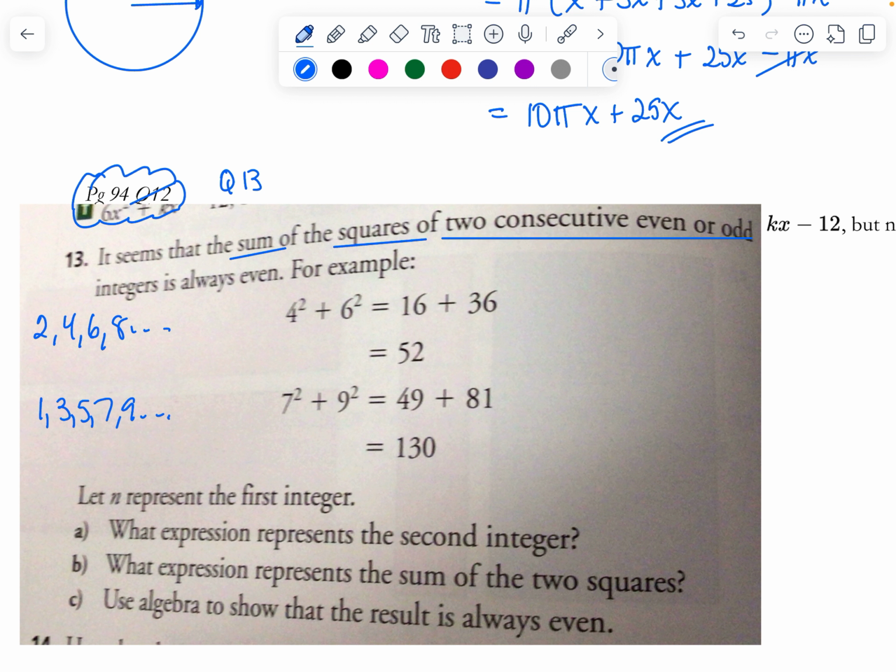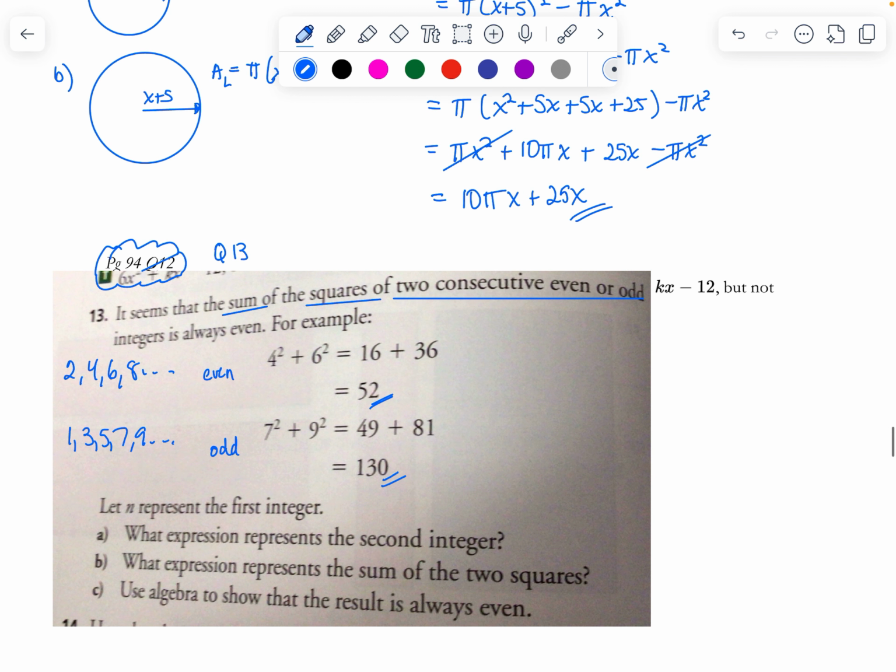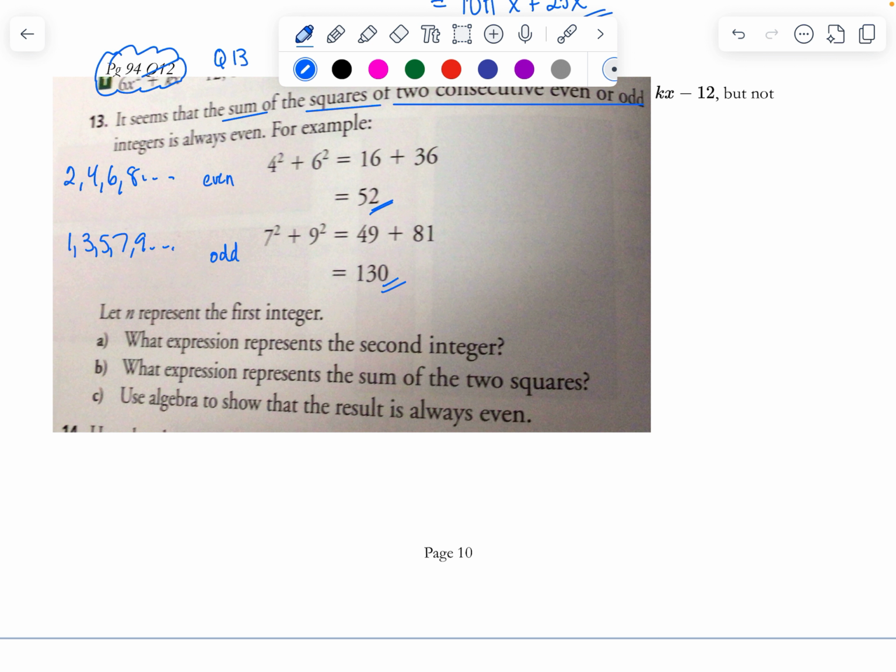But what's interesting is whether the numbers are consecutive and even or consecutive and odd, the answer seems to always be even. So this question is asking me to go through A, B, and C to show why. It says, let n represent the first integer. So what represents the second integer?